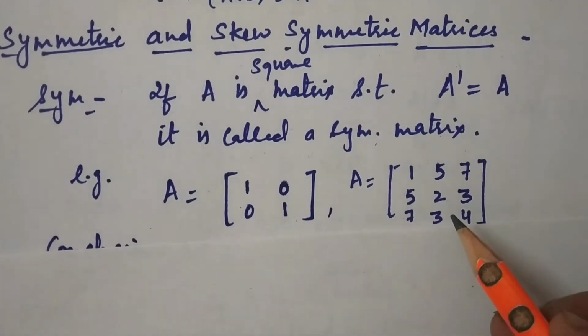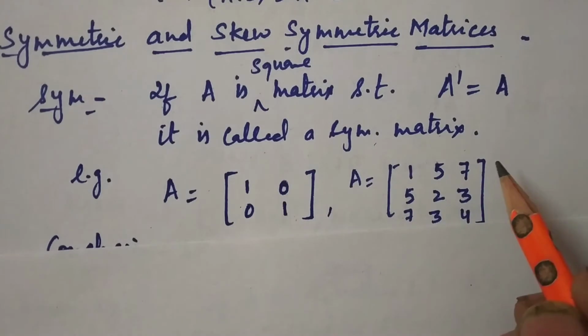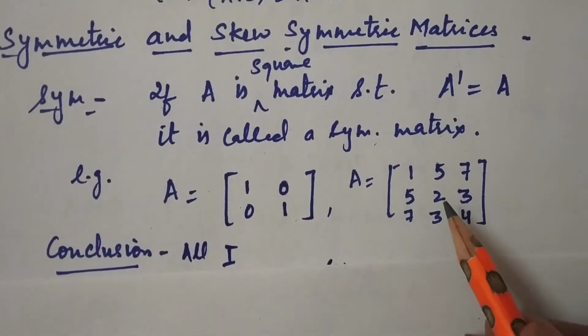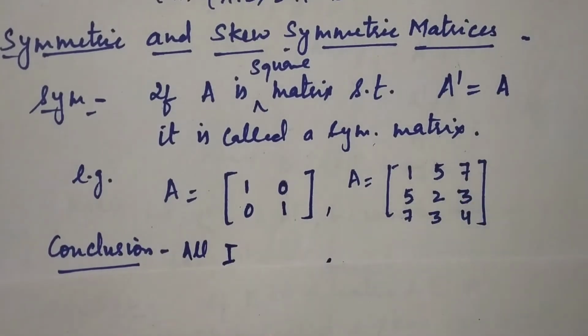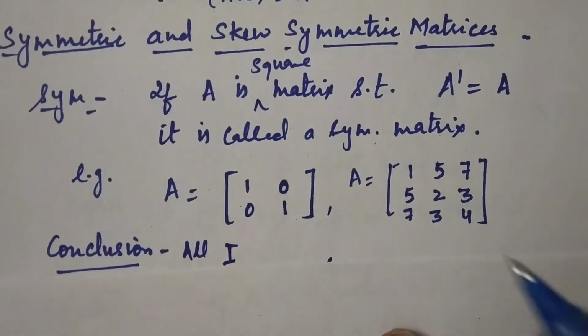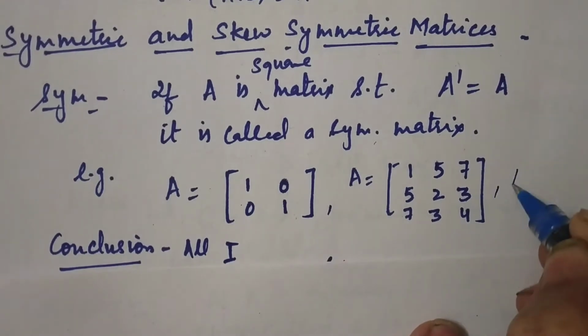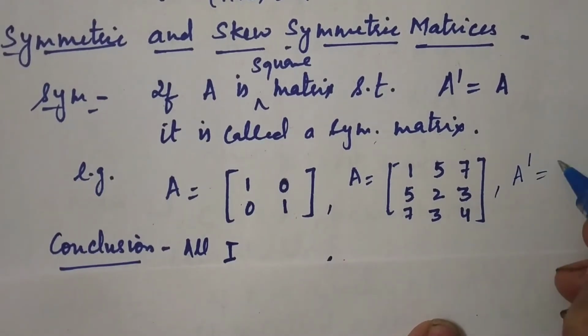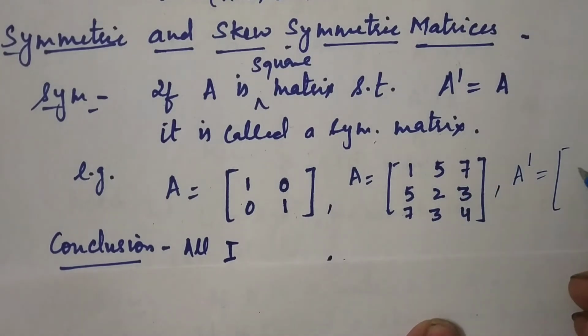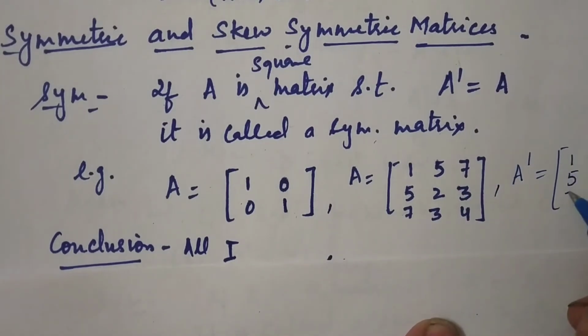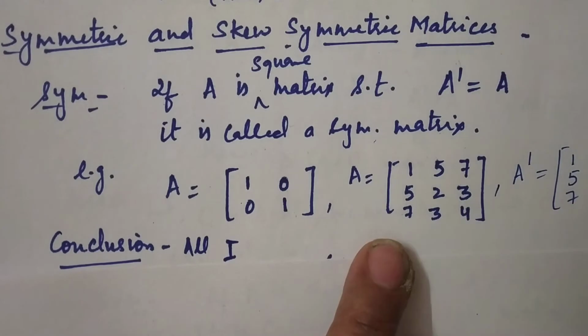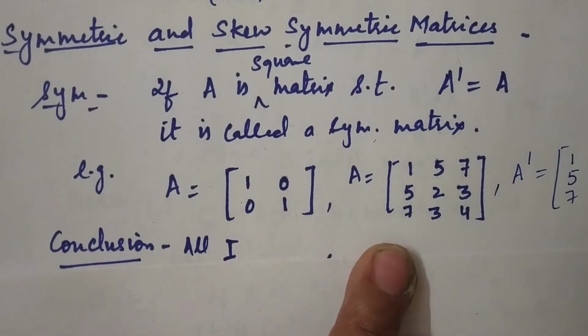And another example of a symmetric matrix, I have taken a matrix A of 3 by 3 order: 1 5 3, 5 2 3, 7 3 4, and its transpose if I find, I can see first row I write as column, second row 5 2 3 write as column, third row write as column.